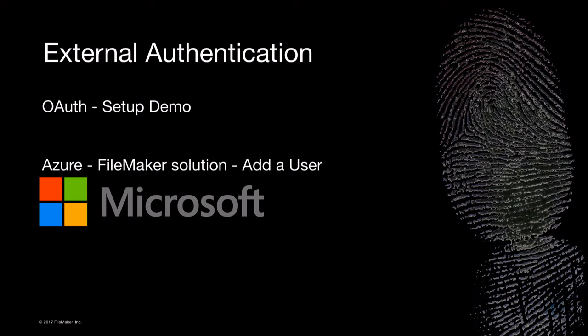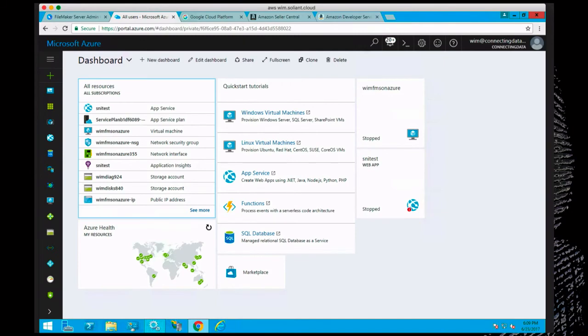With Azure, the user has to exist in your Azure AD, so you have to create the user there, meaning there's a process to it. If you want to give a new user access to your solution, you have to go through a process by adding that user to your Azure AD.